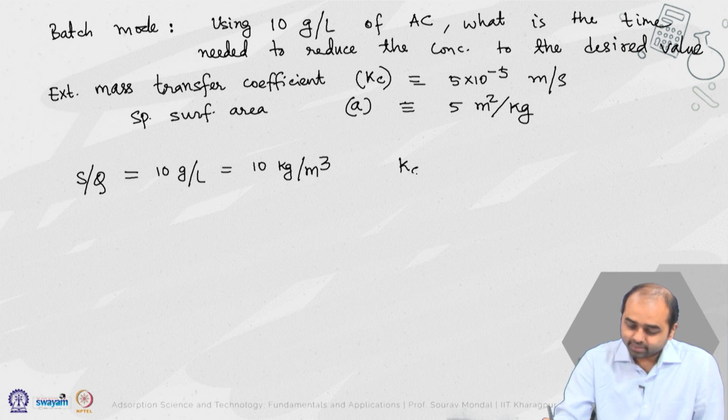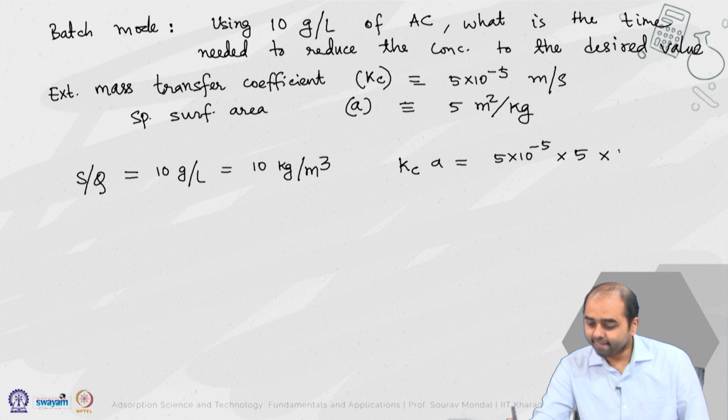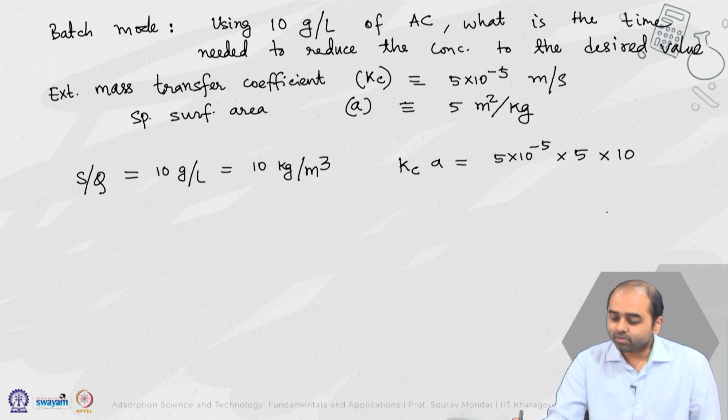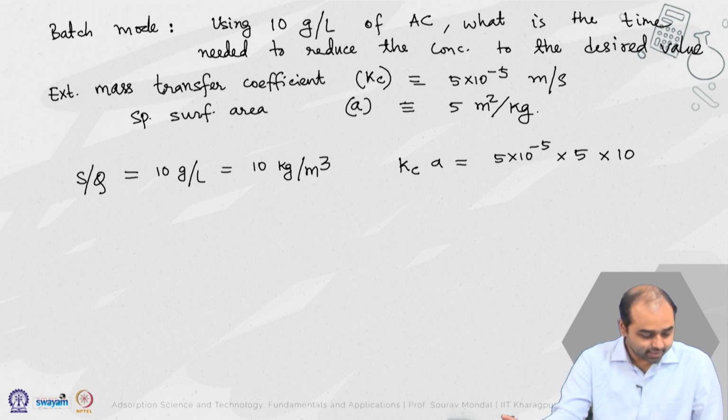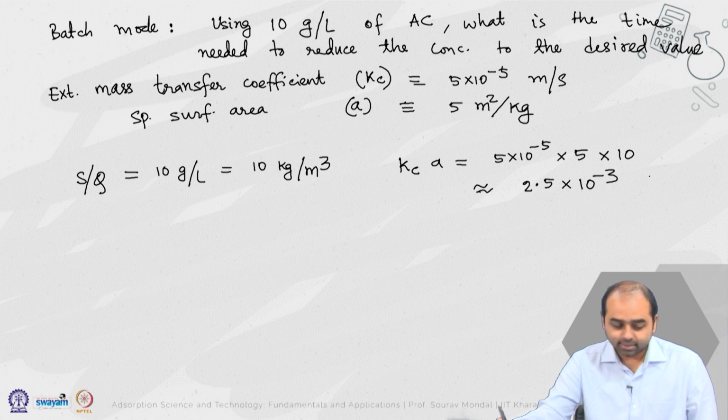The value of Kc into A is 5 into 10 to the power minus 5 cross 5 cross 10, because you have to multiply the specific surface area, which is given in meter square per kg, by the amount of the adsorbent used. So this gives a value of 2.5 into 10 to the power minus 3 second inverse.